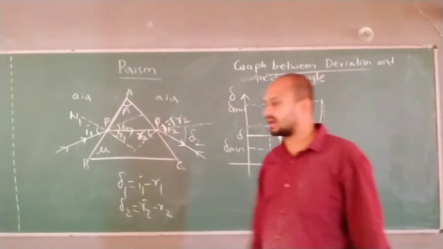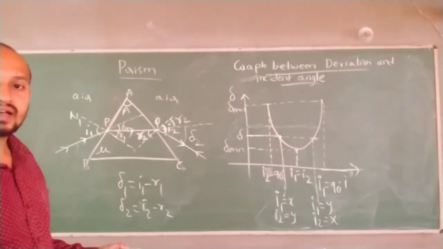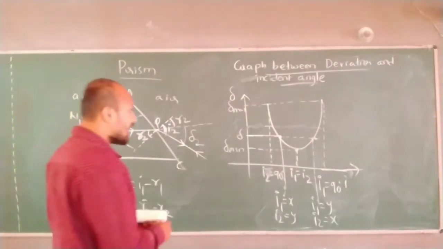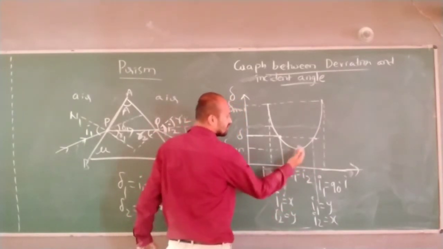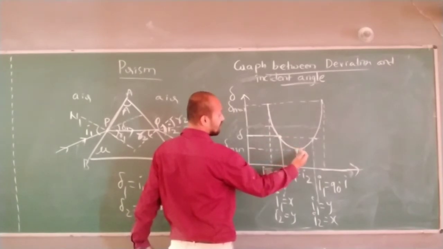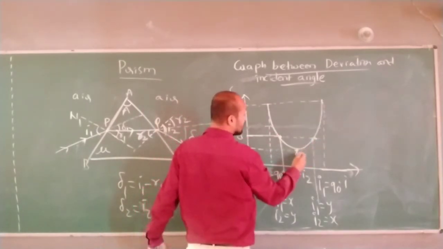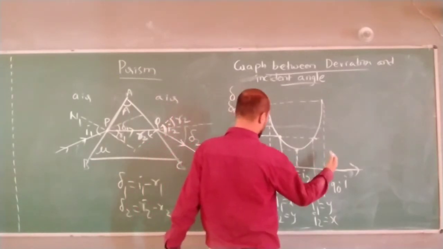This graph is very important. Got it now? This graph is very important. So from this graph, we'll try to find the concept of minimum deviation. At minimum deviation, I1 and I2 are the same. If this is the ray, then your angle of incidence is increasing. Now this path, if you see, still you have your increasing angle of incidence.